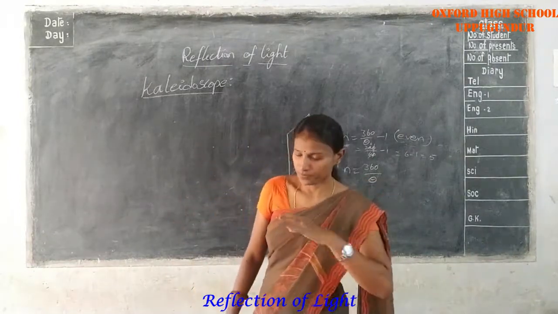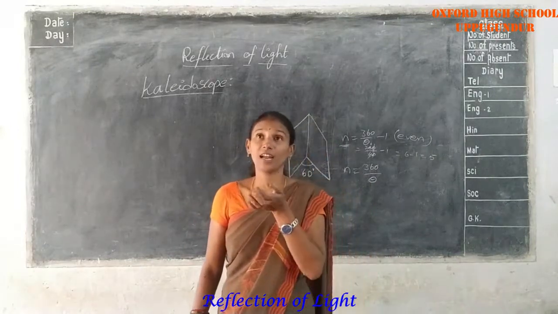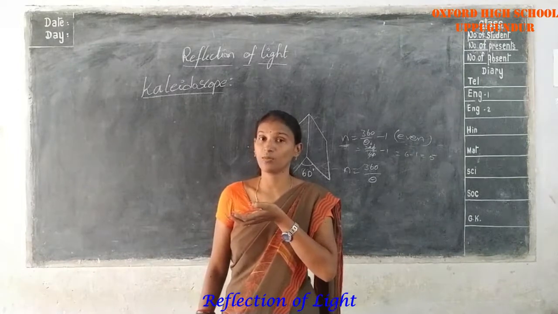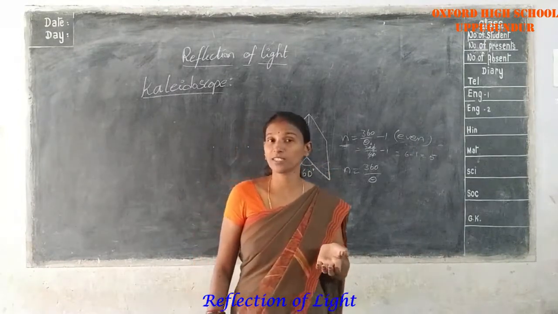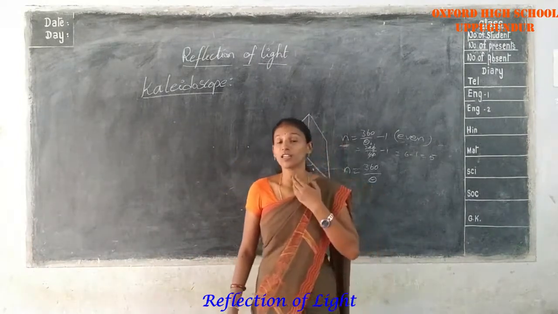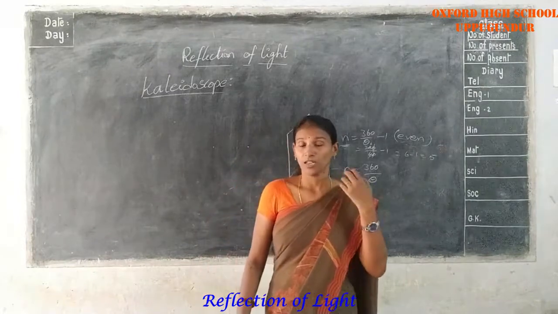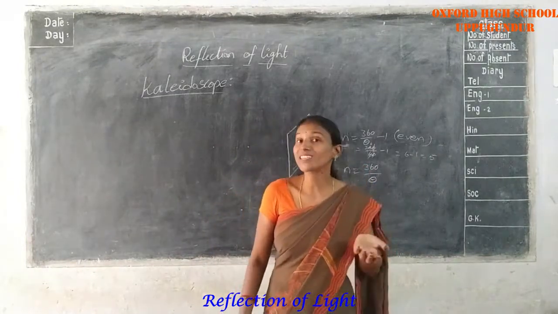Now, in the previous class we discussed regular and irregular surfaces. Regular surfaces mean you observe a clear image, that is, real images are formed. Irregular surfaces mean not smooth surfaces, so you do not observe a clear image.